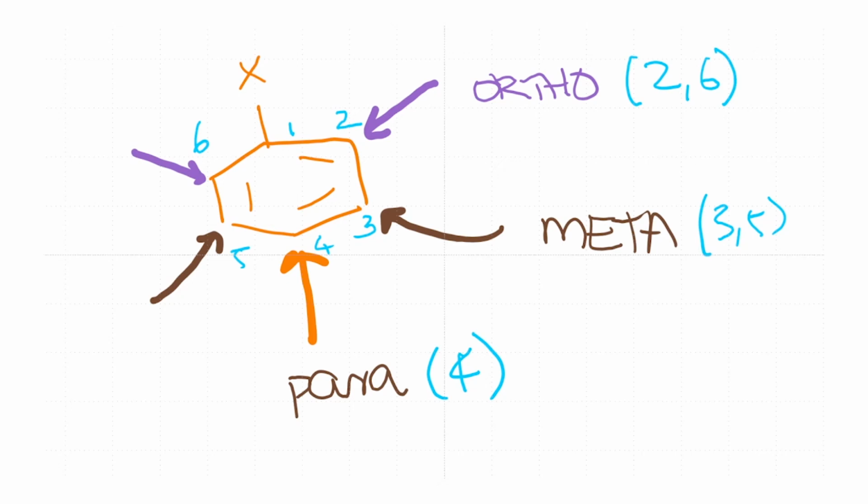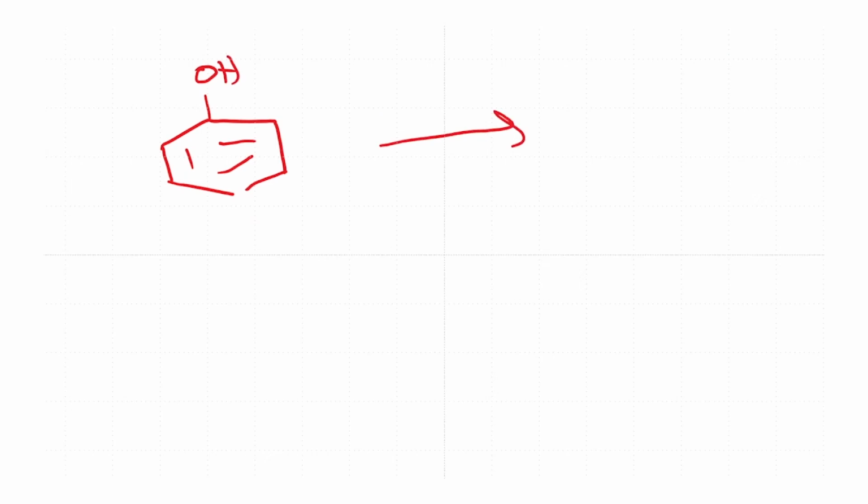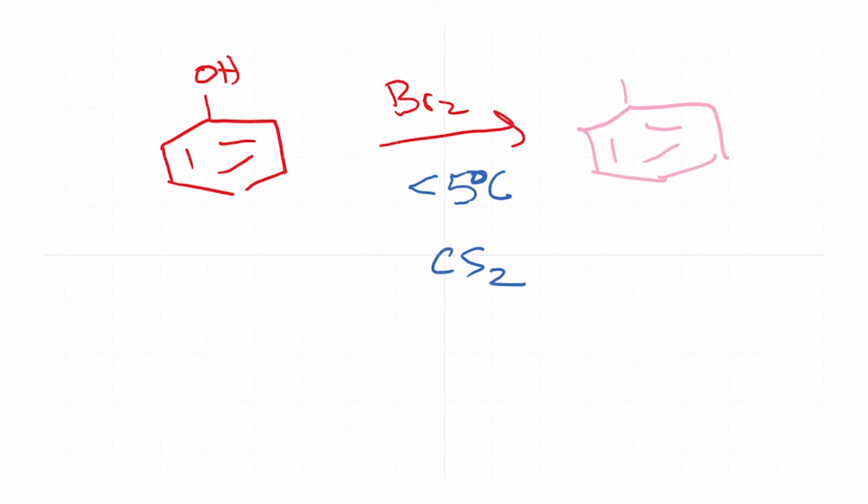Now, if you want to make the mono-substituted product of phenol, that is, you just want to make one substituted bromophenol, then what you can do is reduce the temperature, go to temperatures less than 5 degrees centigrade, and use solvents such as carbon disulfide, and the product that you get is 4-bromophenol.